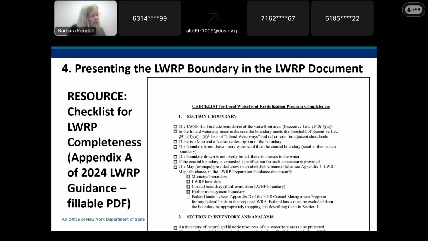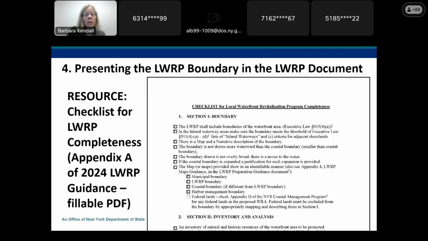We have a checklist that we've developed, and to keep track, we're in section 1 here of your LWRP. To keep track of all the sections and the requirements that we're talking about in this training, we've developed a fillable PDF, which is Appendix A of the guidance that I sent out to you last night.